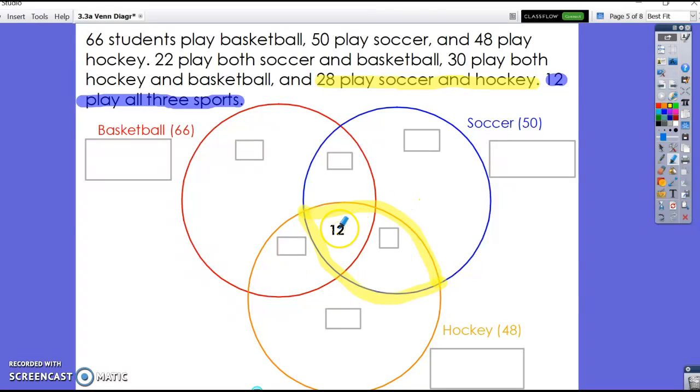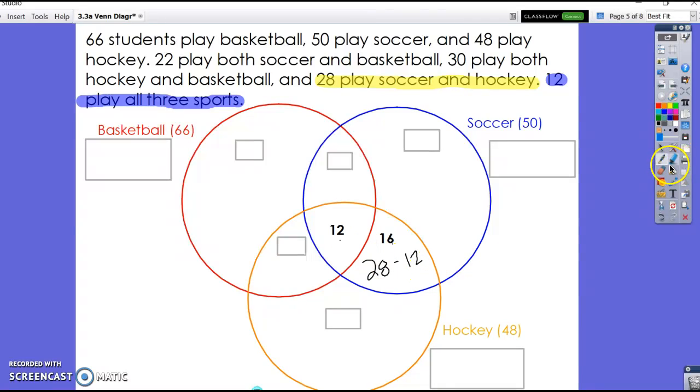So if I were to add these 2 numbers up, this number and our mystery number, that should equal 28. Well, 28 minus 12 tells us that there are 16 people who play soccer and hockey. Now if we're looking just to double check our work, 12 plus 16 again is 28. So we're just using subtraction all the time to figure out our missing numbers.